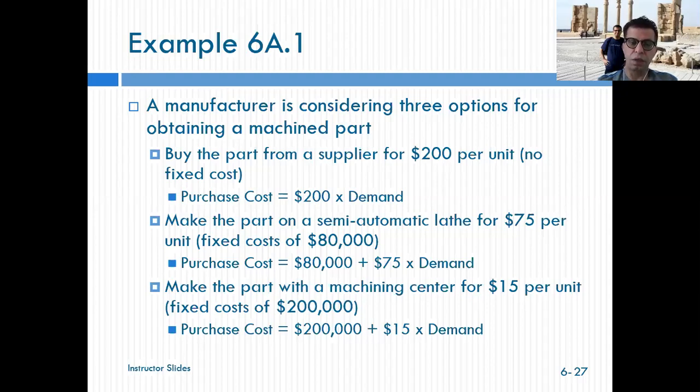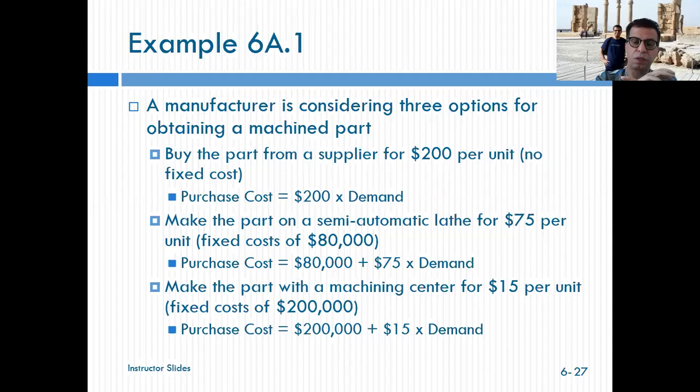The second option, make the part on a semi-automatic lathe for $75 per unit. So you're buying not a full equipment, but part of the equipment, which costs you around $80,000 as a fixed cost, and costs you $75 per unit.